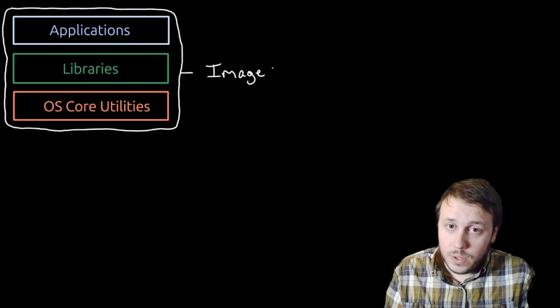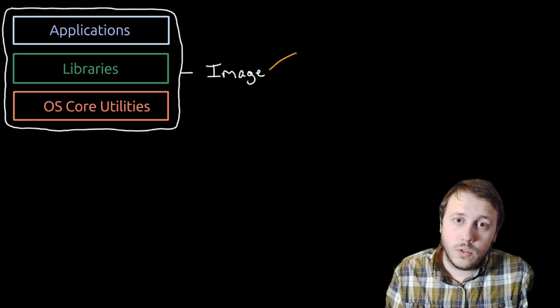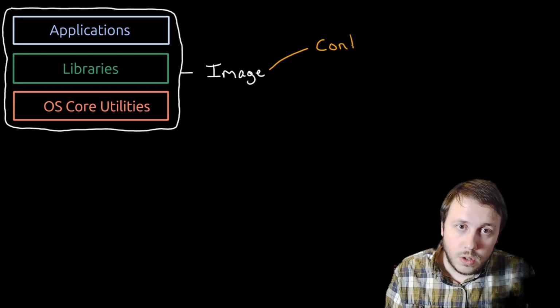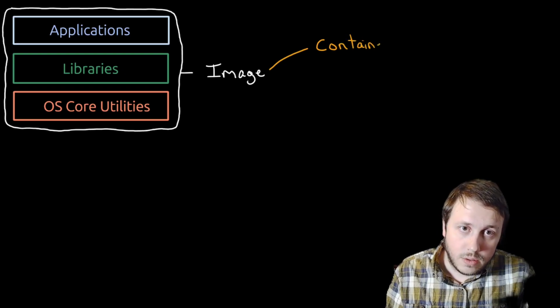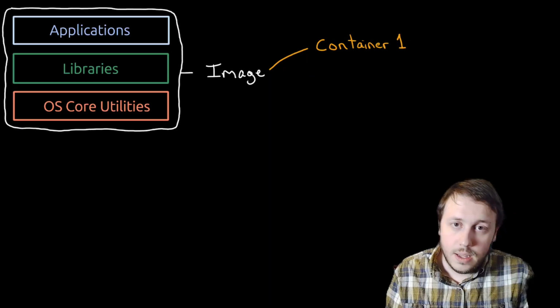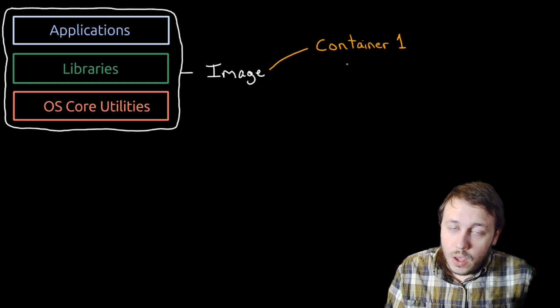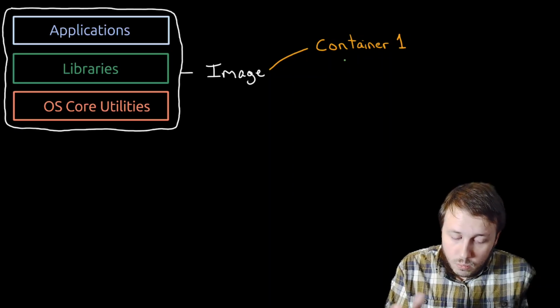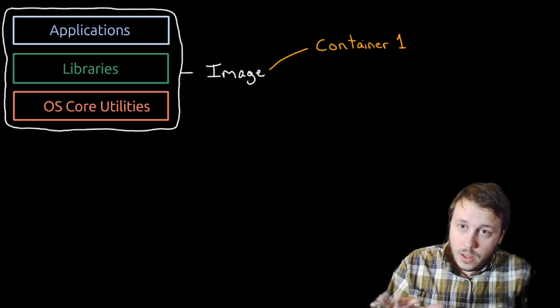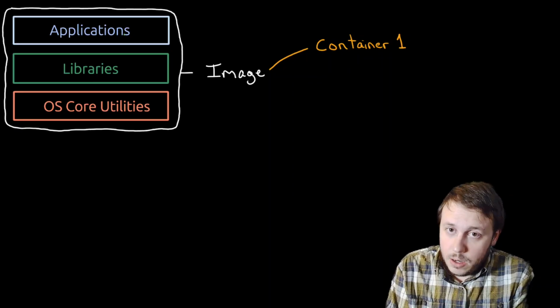environment. And what you can do is you can take this image and you can use it to launch what are called containers. So this image could launch a container, let's call it container 1. And that container is running the complete isolated environment that you've defined in this image.